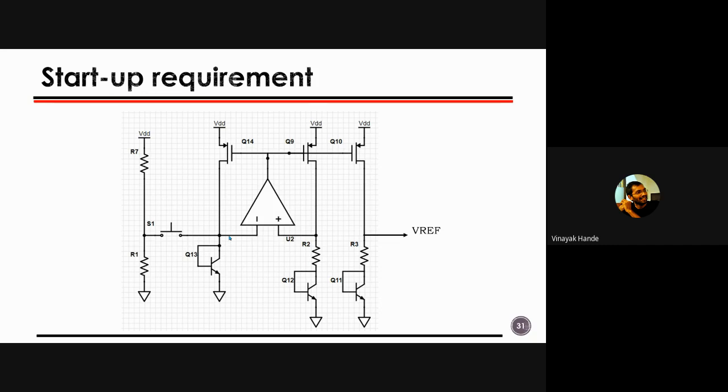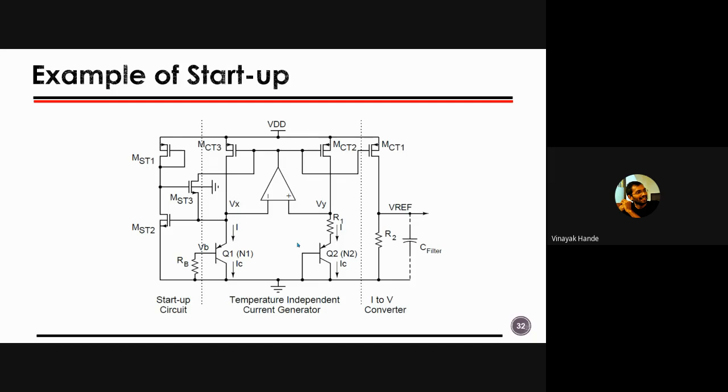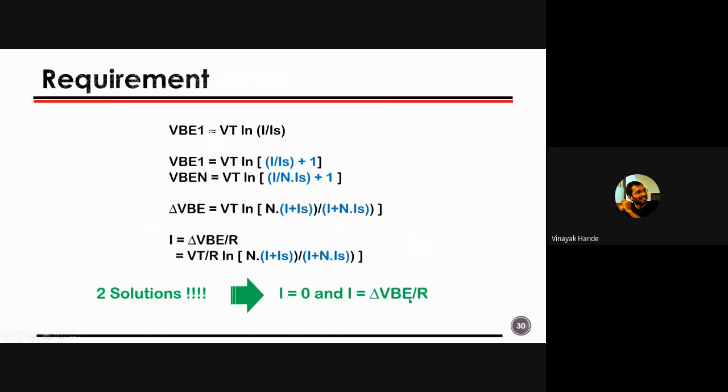Then the op amp will say, oh no, something is fishy, it is not the time to sleep, so it wakes up and does the job. The next time these two terminals are exactly the same, it will sleep again, and your circuit will reach the next stable state, that is delta VB by R. That is the next solution.